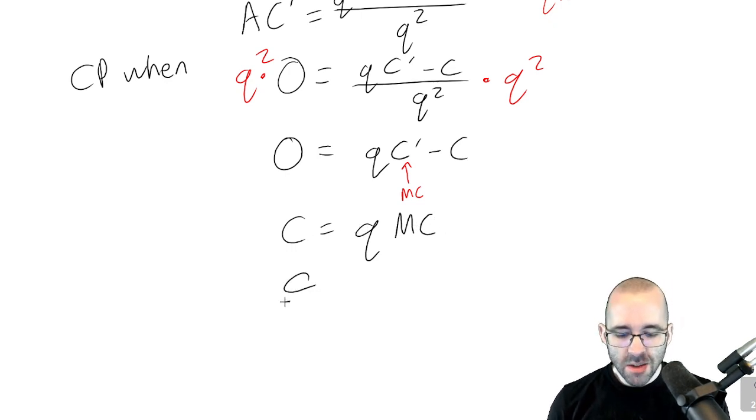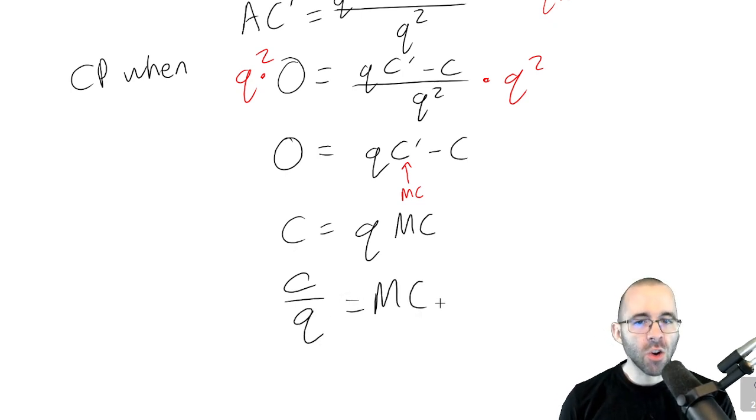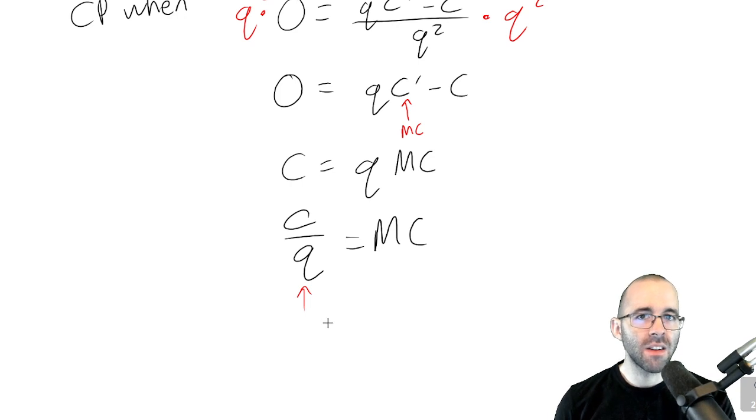But if we divide both sides by Q, we get that we have a critical point when this is true. And what is total cost divided by quantity produced? That's average cost.